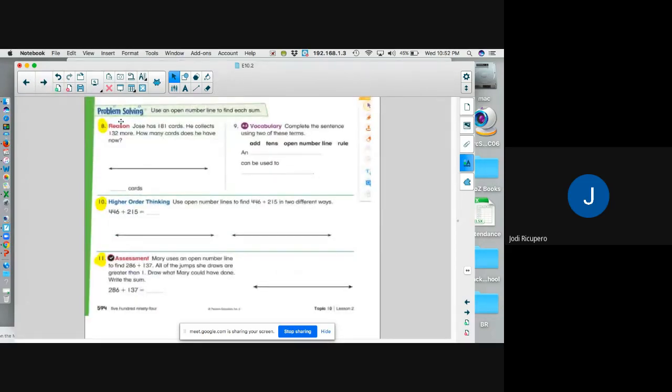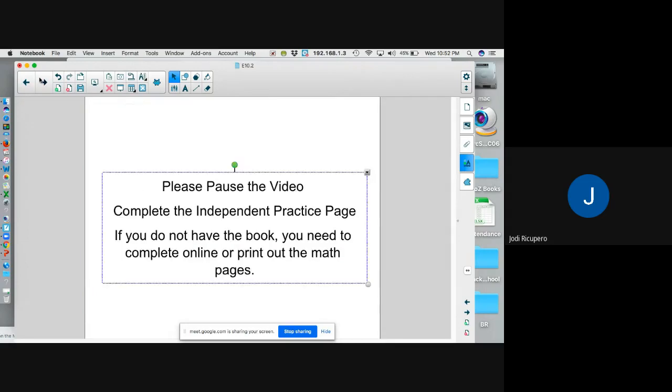And then 8, 10, and 11 of 594. Please put the computer on pause. Complete the independent practice pages. Once again, if you do not have the book, you will need to complete online or print out the math pages.